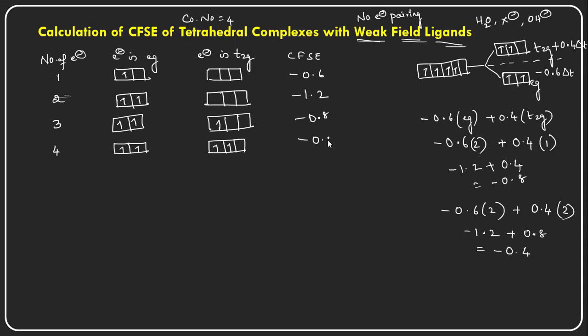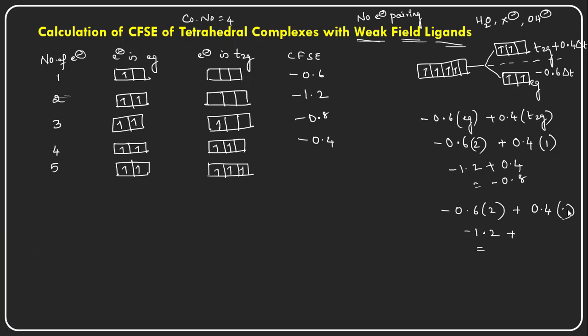Minus 0.4 value. And if the fifth electron is present, so 5 electrons are present. So in the T2G orbitals, now each one of the orbitals is having a half filled electronic configuration, that is every orbital is having one electron in each. So what will be the calculation now? So this will become 3.